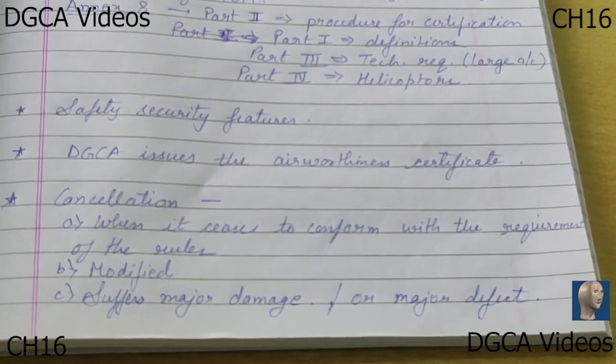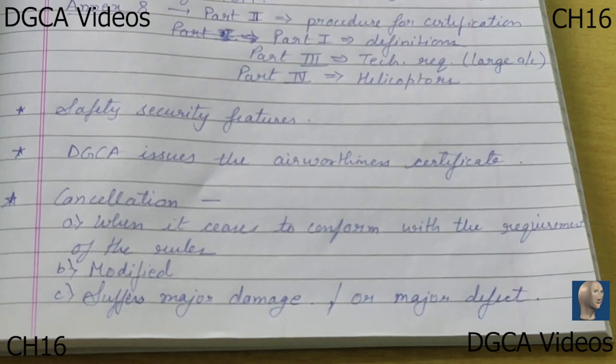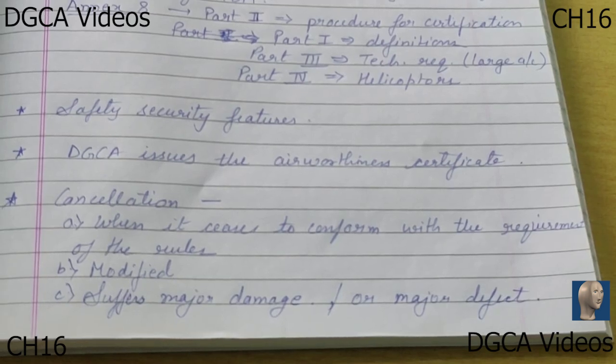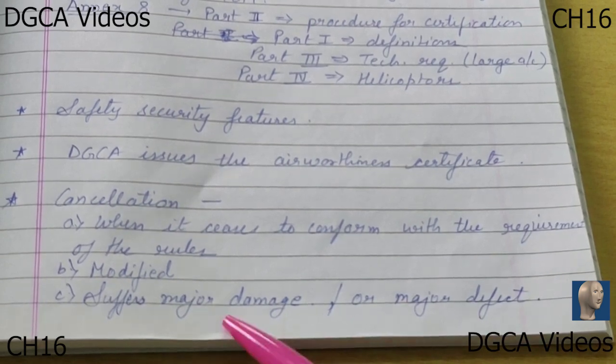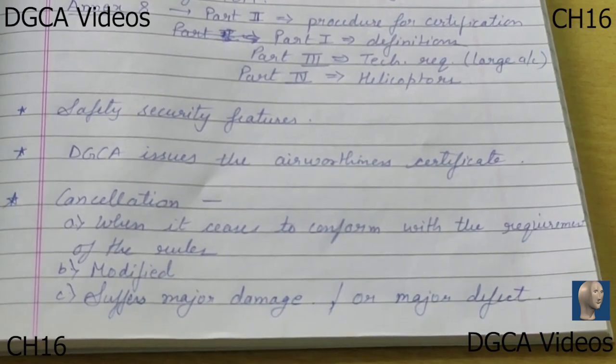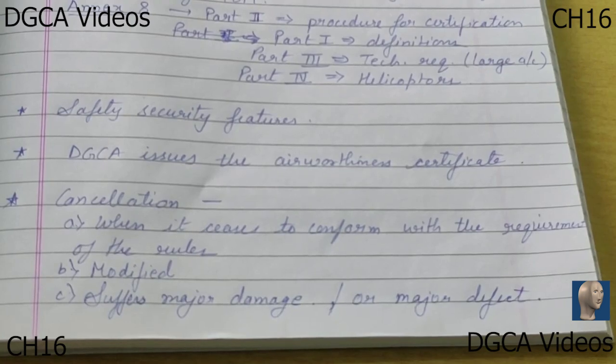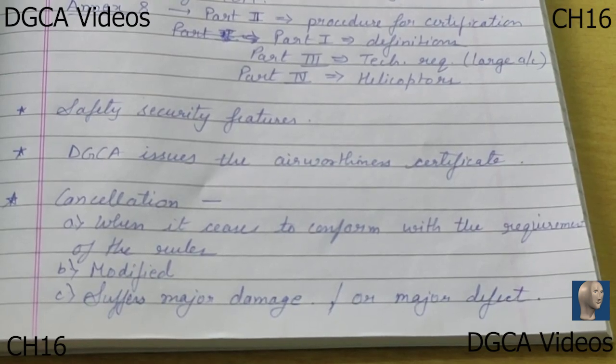Also, if it is modified or repaired otherwise than in accordance with the provisions of the rules, then also its airworthiness certificate may get cancelled. Also, if it suffers any major damage or there is some major defect, then also DGCA can cancel its airworthiness certificate.